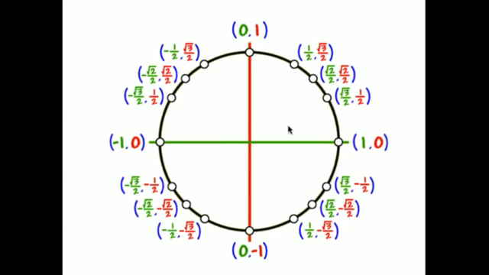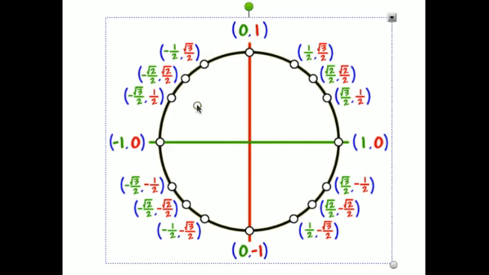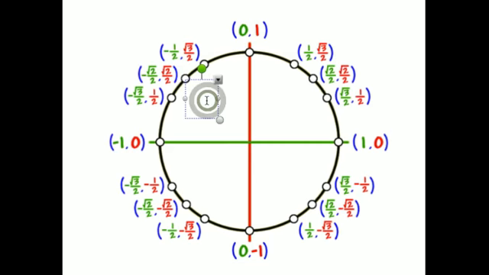Alright, so let's look at the whole unit circle for the points. Like I said, just quick reminders to wrap it all up. If you know the first quadrant, you just figure out that everything in the second quadrant is something negative and something positive.